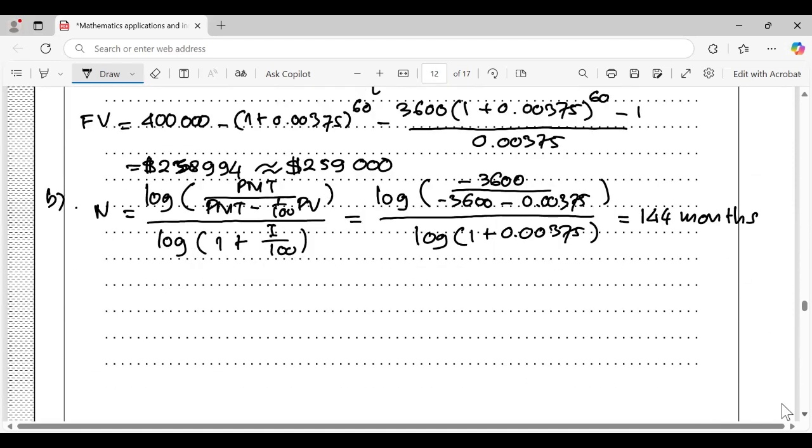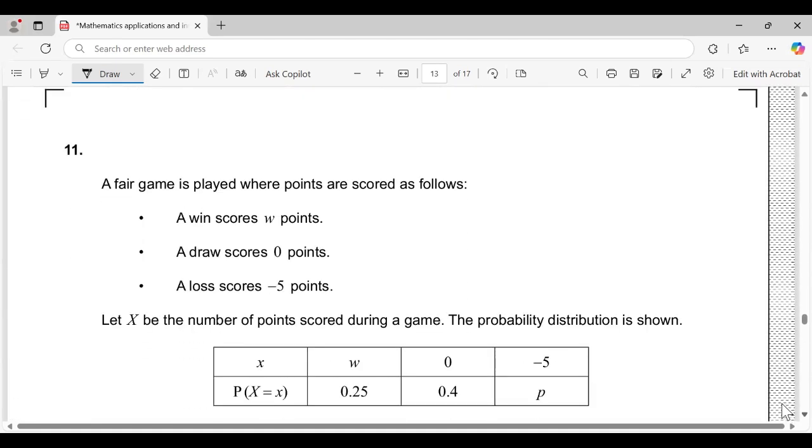Next question. 11. A fair game is played where points are scored as follows. A win scores W points, a draw scores 0 points, a loss scores minus 5 points. Let X be the number of points scored during a game.